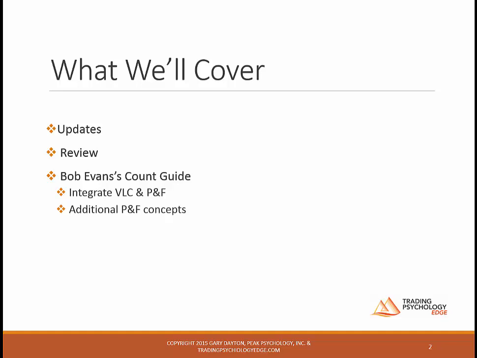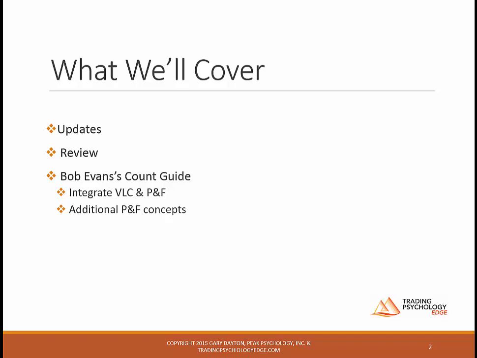We're going to cover a couple of updates that I want to go through with you here, and then I'm going to do a very quick review of point and figure charting so that we don't forget the fundamentals here.